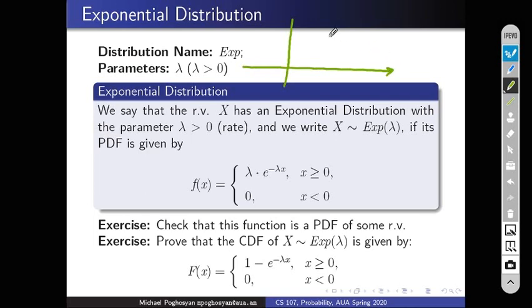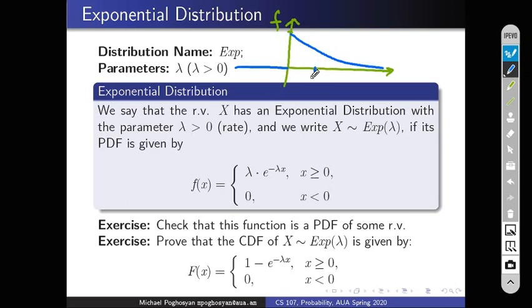So to calculate that F of x, you need to calculate the area under the graph of the PDF up to the point x. So if this is the graph of the PDF, the PDF graph was something like this. This was tending to 0.